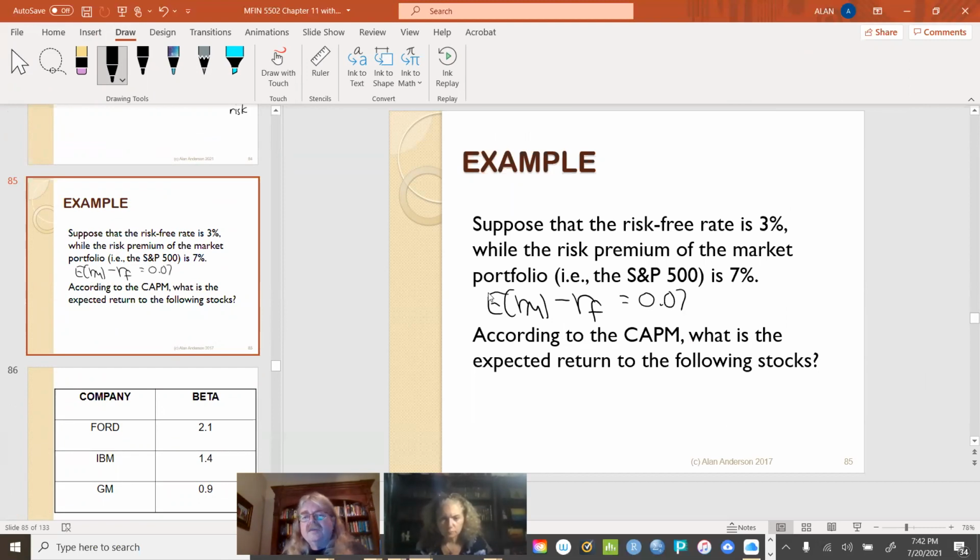Now, that tells me, though, that just the expected return to the market must be 10%, because when I subtract the risk-free rate, I get 7%.